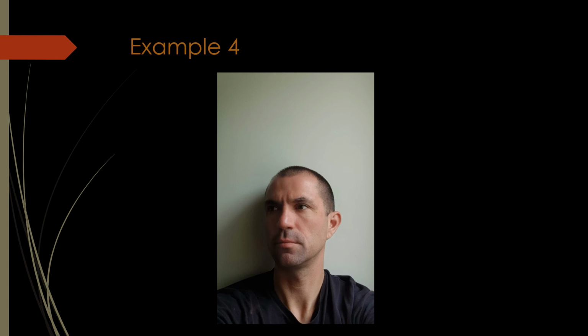This example can sometimes confuse because the shadows are not very soft. We can see that half of the face is pretty dark, but again, if we look at the edges, there is no clear edge, so the light is soft. So what's the difference between this picture and the previous picture?